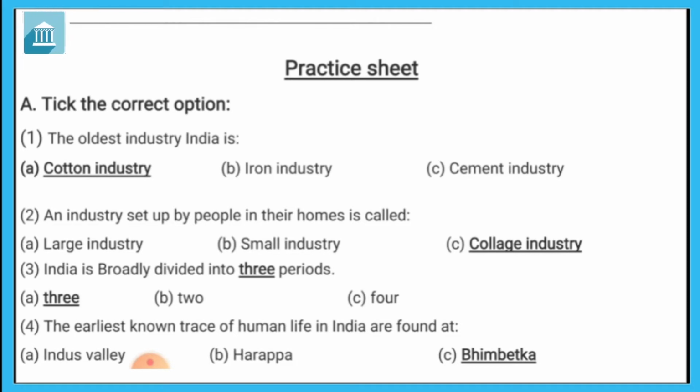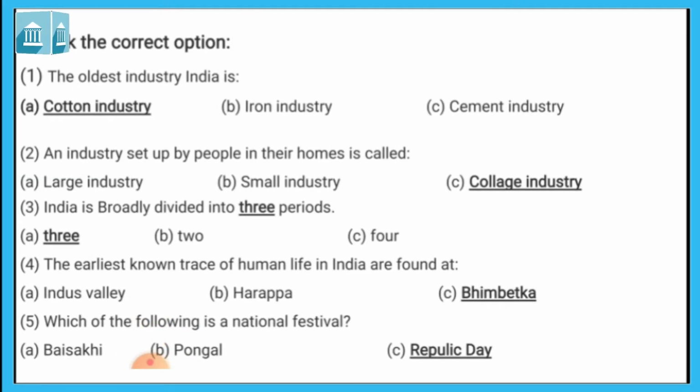Third, India is broadly divided into dash periods. A, 3, B, 2 and C, 4. This question belongs to chapter 5, our history. India is divided into 3 periods. The answer is 3. Which are these 3 periods?